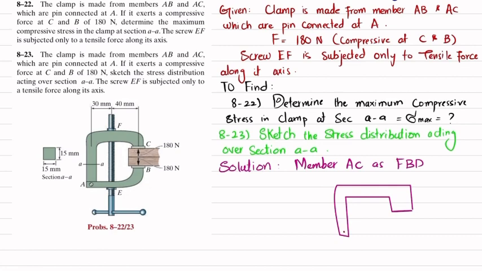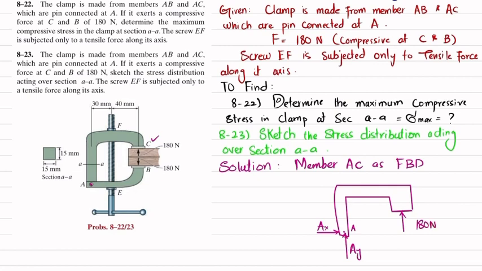This is point A. If you remove this pin support at A, you will have a horizontal force, let this be AX, and a vertical force AY passing through this pin. Clear? The force at point C is given as compressive, which is 180 newtons.